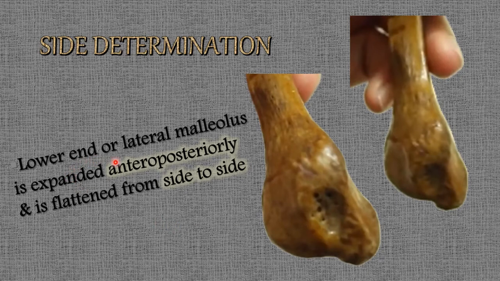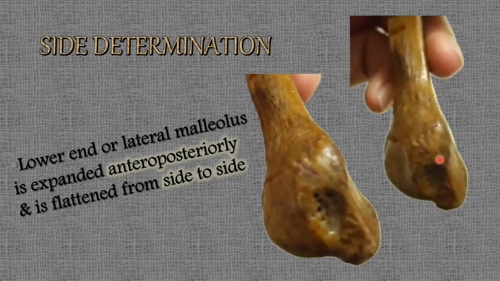Now the lower end or lateral malleolus is expanded anteroposteriorly and is flattened from side to side. Now you can see this is the anterior and this is the posterior. So it is much thicker anteroposteriorly, and from side to side, medial and lateral side, it is flattened.